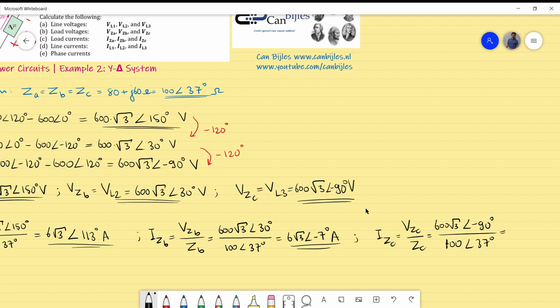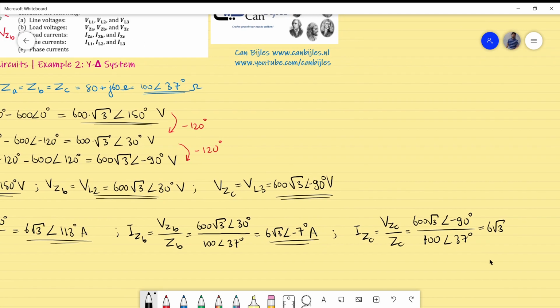And if you do the math again here, you have square root of 3 times 6 and the phase of minus 127 degrees. So what you recognize here is also the phases will drop by 120 degrees. So each step I will lose 120 degrees.